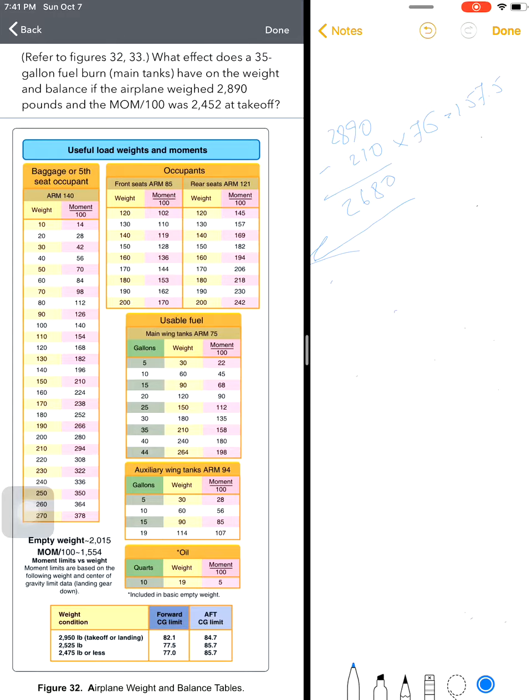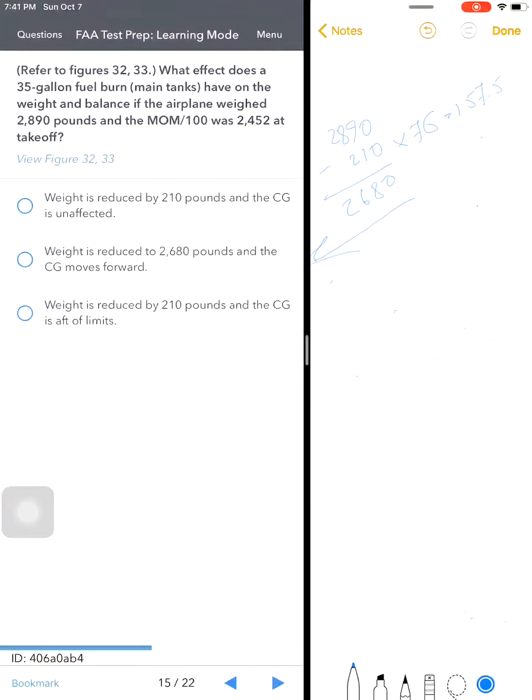And you're going to take 157.5 off 2452. So 2452 minus 157.5 equals 2294.5.